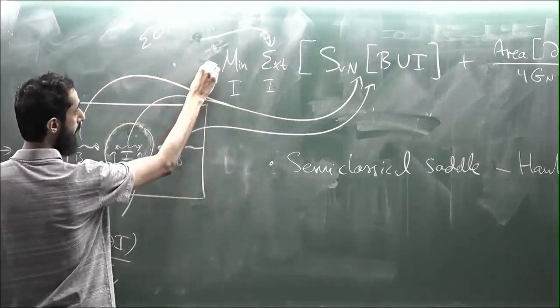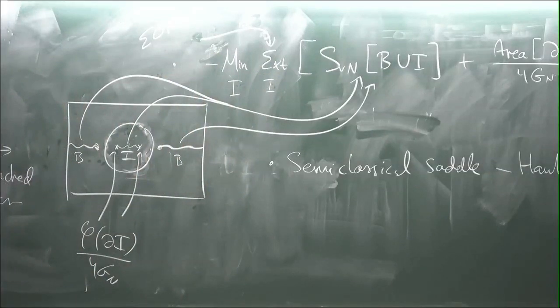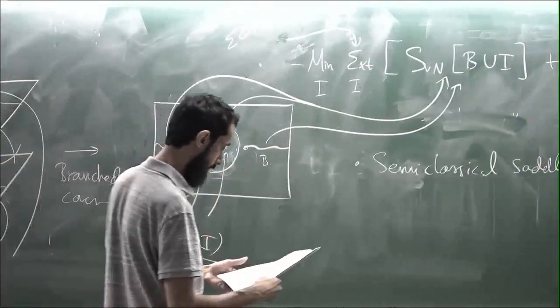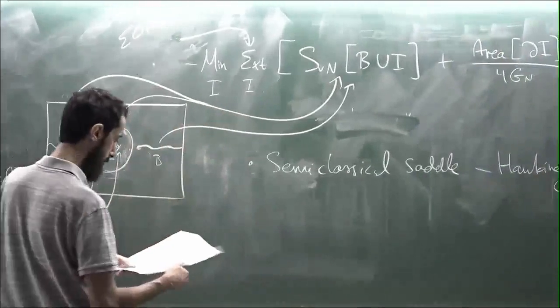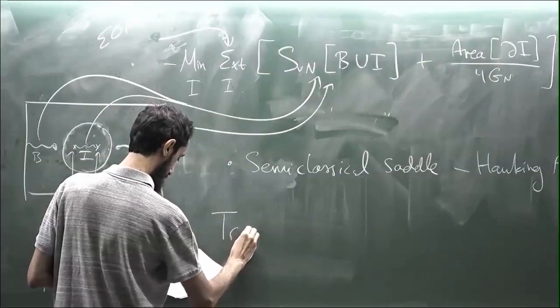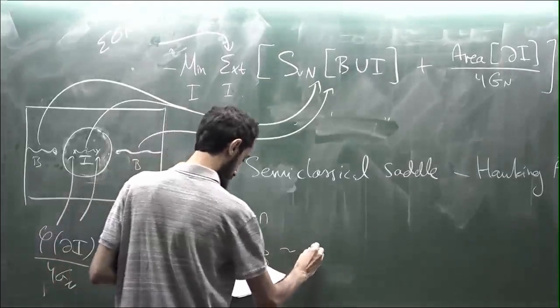And then the minimality constraint is imposed by the fact that different saddles are weighted differently. They're weighted by the generalized entropy. Roughly speaking, you get something like this: trace rho_n^B.